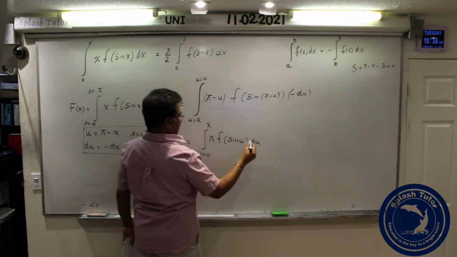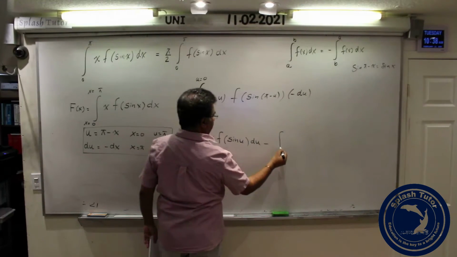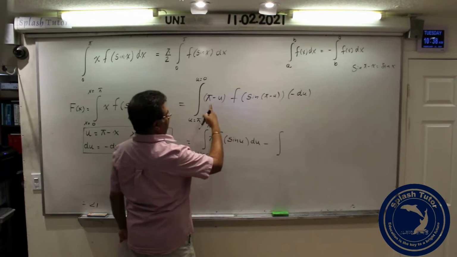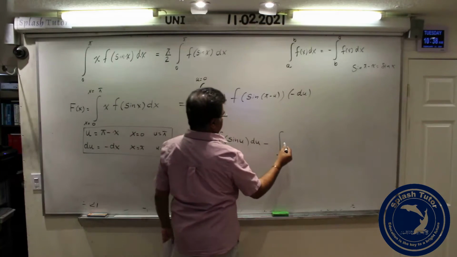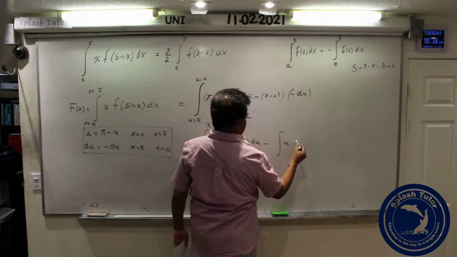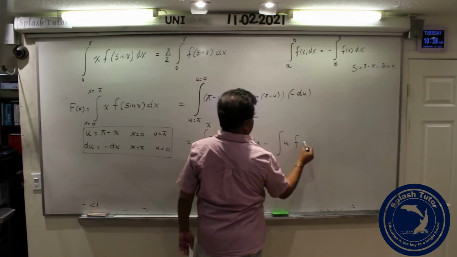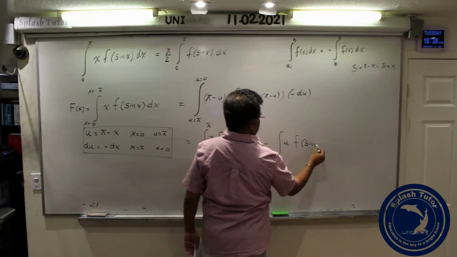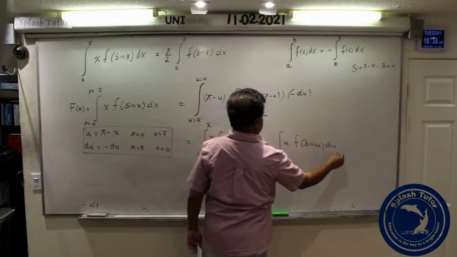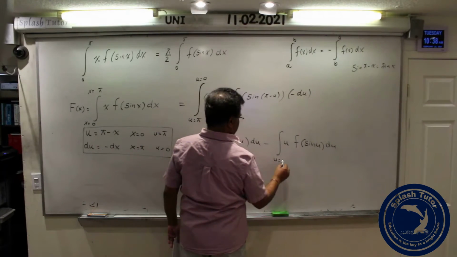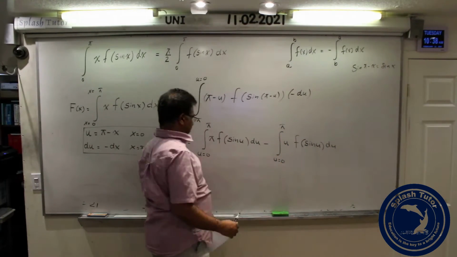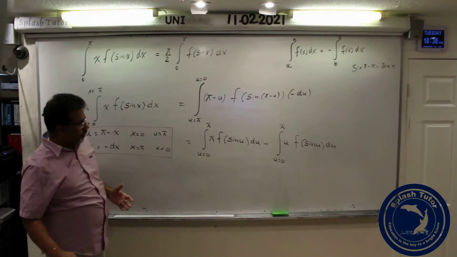That's the first one, minus the integral of u times f(sine u) du. Again, u is equal to 0 to pi. Right? Yeah.